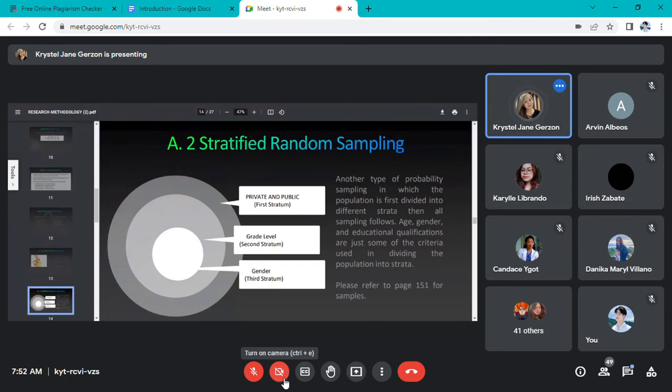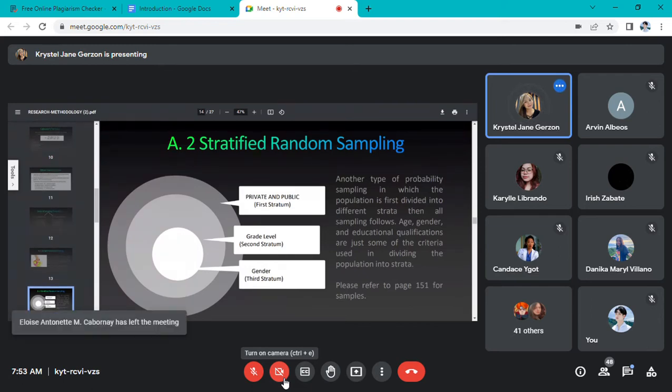Now, instead of having 3 groups, you would have 6: grade 11 and grade 12 academic track, grade 11 and grade 12 technical-vocational track, and grade 11 and grade 12 arts and design. And from there, you can get a number of randomly selected respondents from grade 11 academic track, grade 12 academic track, grade 11 technical-vocational track, grade 12 technical-vocational track, and so on.